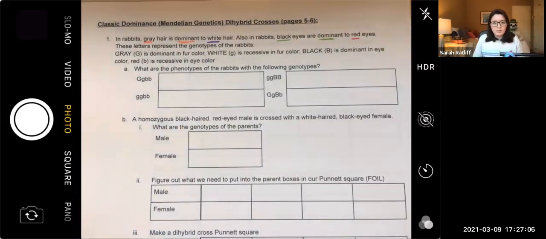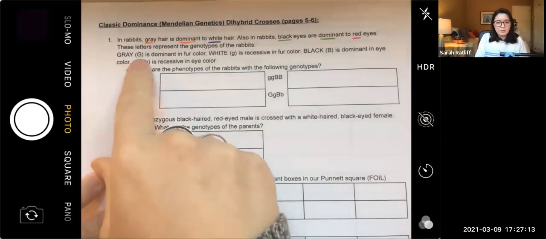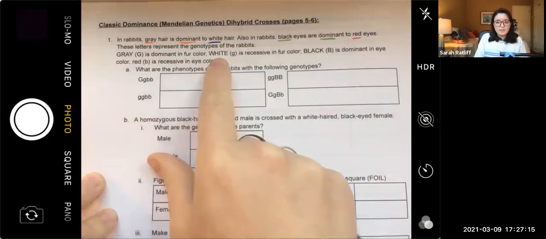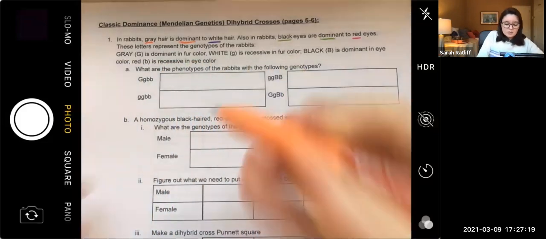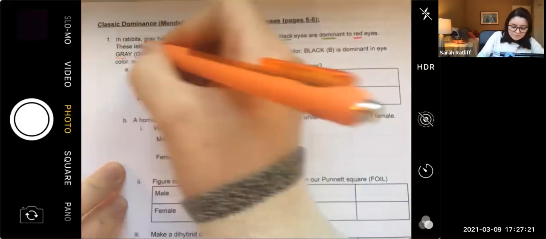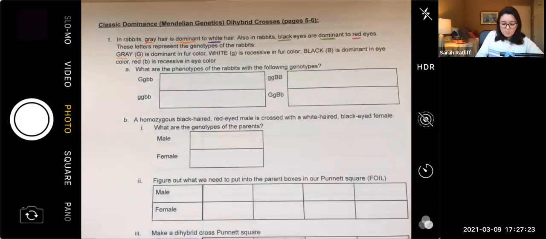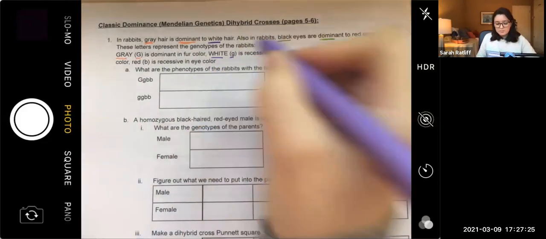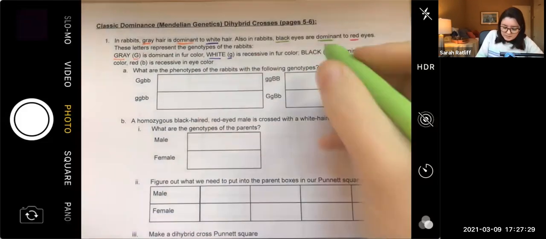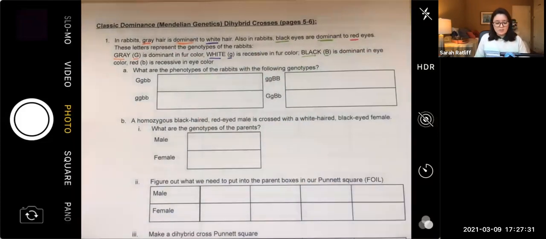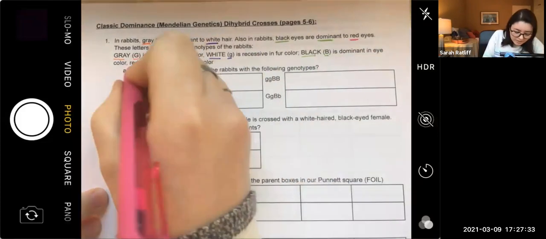The following letters represent the genotypes of the rabbits. So gray, capital G, is the dominant fur color. White, little g, is recessive in fur color. Okay, great. So gray is big G. White is little g. And looking at our eye colors here, black or big B is dominant to red or little b.